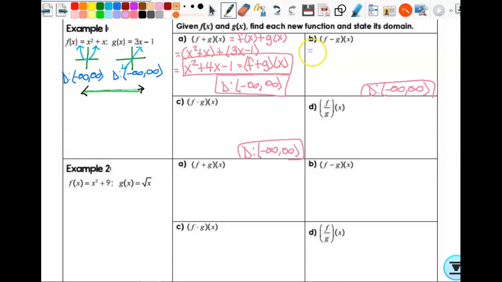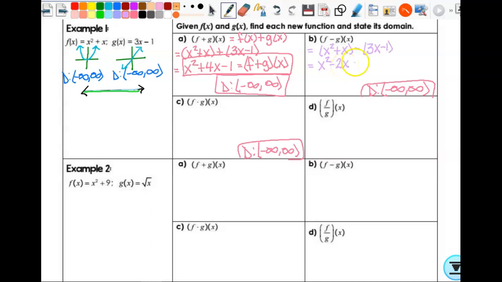All right, so now we'll do the next one. This is going to be equal to, so it's f minus g. So f is x squared plus x minus g of x, which is 3x minus 1. Are those first set of parentheses important? No. Is the second set? Yes, very much so. When I combine my like terms, I just get x squared. Then I have x minus 3x, which is minus 2x.